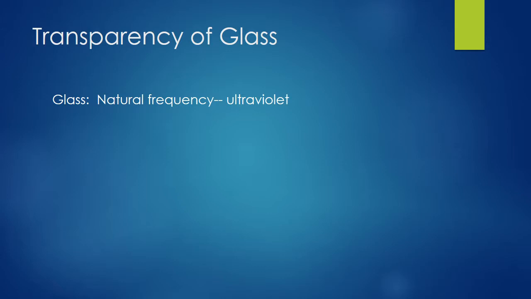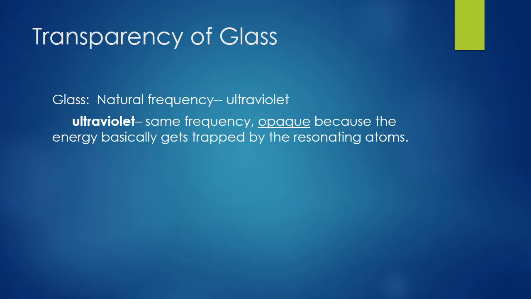So that's why visible light comes through, because the glass has a different frequency. The ultraviolet light, since it's the same frequency, is going to be opaque. And that is because the energy from the ultraviolet light is actually getting trapped, because it makes the atoms vibrate so much that it gets trapped and it can't come through.